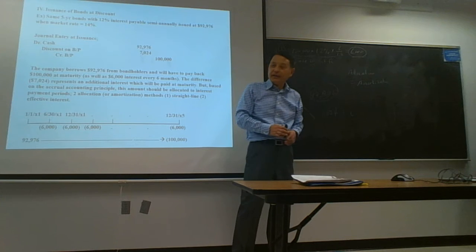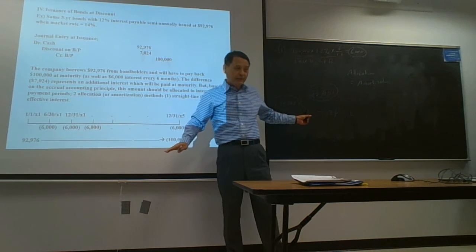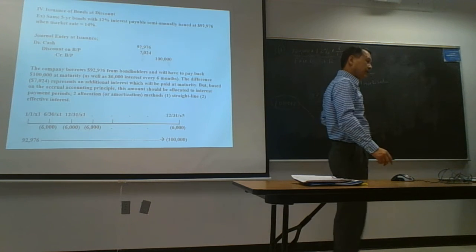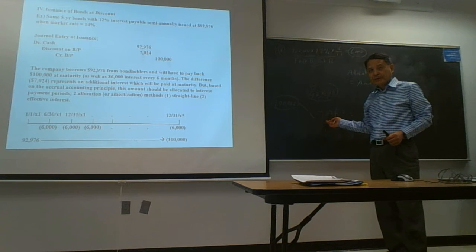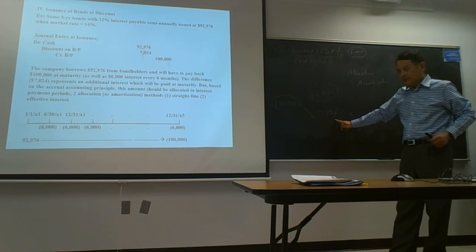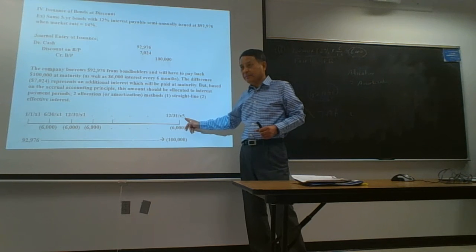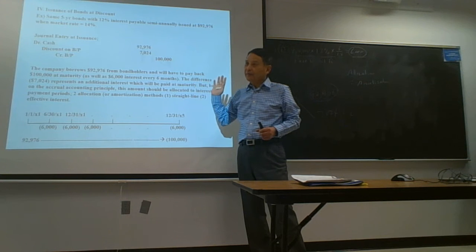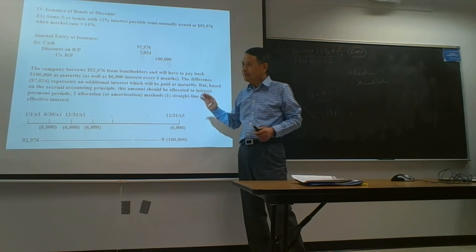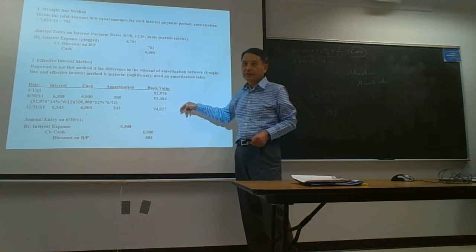In addition to these 10 regular interest payments, this company will have to pay $7,024 additional interest at maturity. Even though payment is made in 2005, this is not a one-time expense for 2005, but an expense for 5 years, 2001 through 2005. So we have to allocate either equally or unequally.